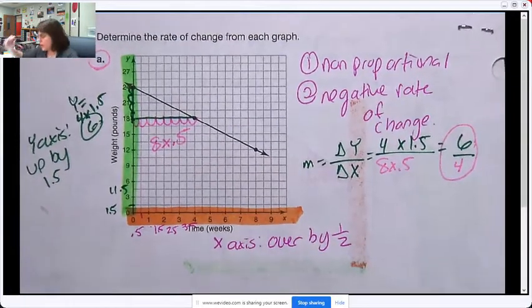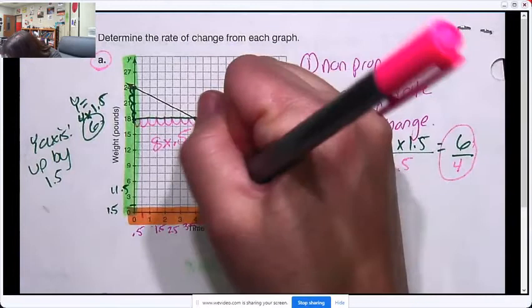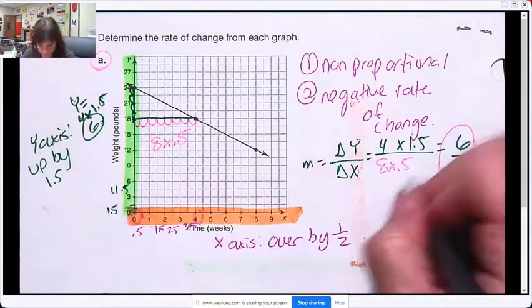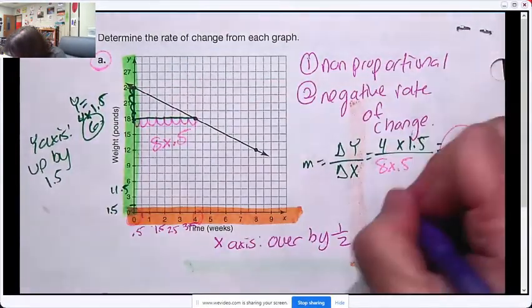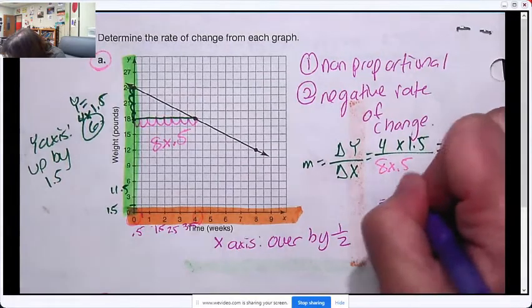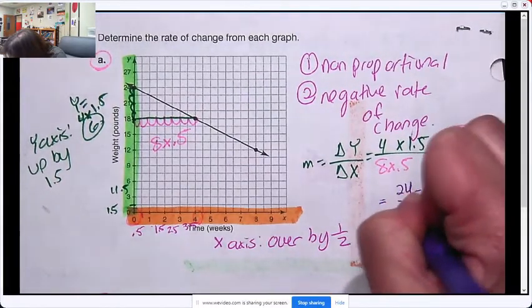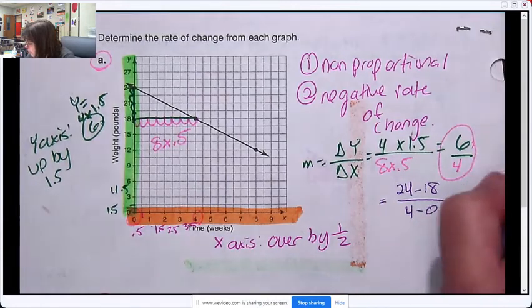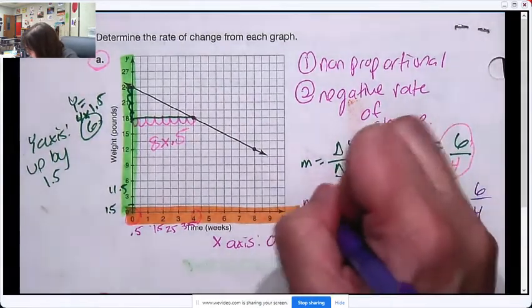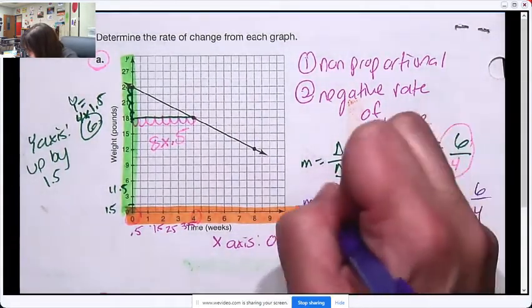Okay? I also could have come in and said 4 minus 0. So I could have done this a different way, and I could have said 24 minus 18 over 4 minus 0, and then a formula, which we're going to talk about more on Friday when we're together.